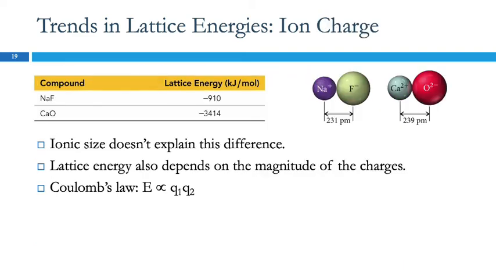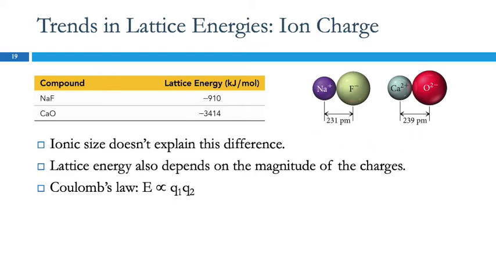The charge on the ions also has an effect. We learned from Coulomb's law that the energy is proportional to the charge on one thing times the charge on another thing. So here, we're looking at sodium fluoride and calcium oxide. These were chosen because they have a similar distance between the nuclei, 231 and 239.